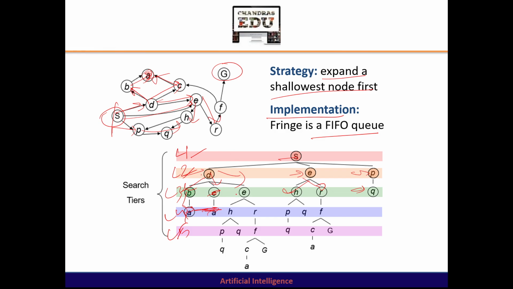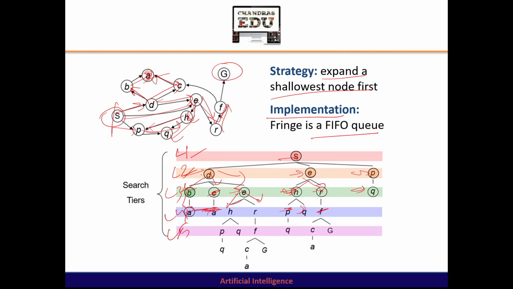But as we are exploring level 3, we have the E element. So E is pointing to R also. So you can find H and R. And even when we go to the next element in level 3, another element we have is H. When you see, we have an arrow from H to P as well as H to Q. You can see here H to P and H to Q. Next, another element we have in level 3 is R. We have a path from R to F also.